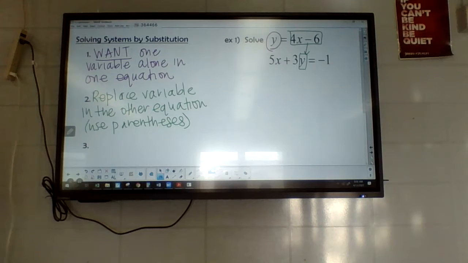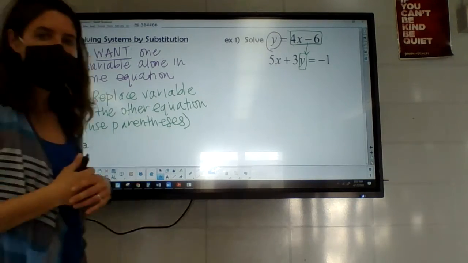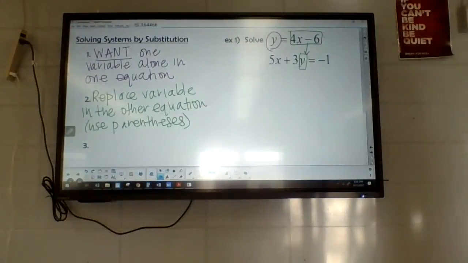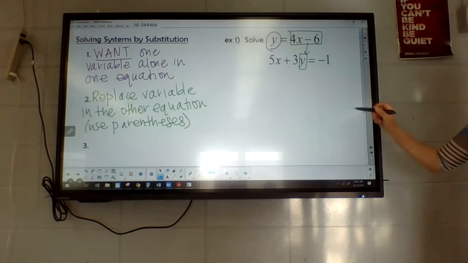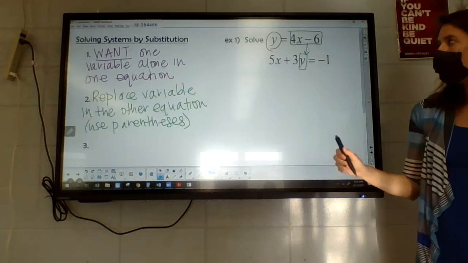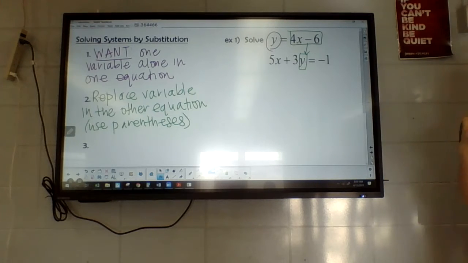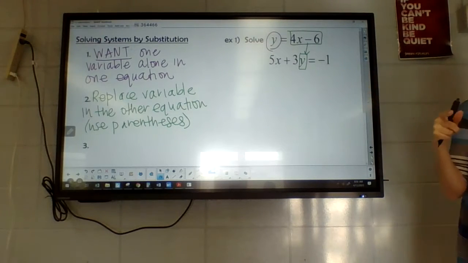So replace the variable in the other equation. You need to use parentheses. So we're going to replace that expression. In this equation, I'm going to rewrite it, and using parentheses, I'm going to get rid of that y.